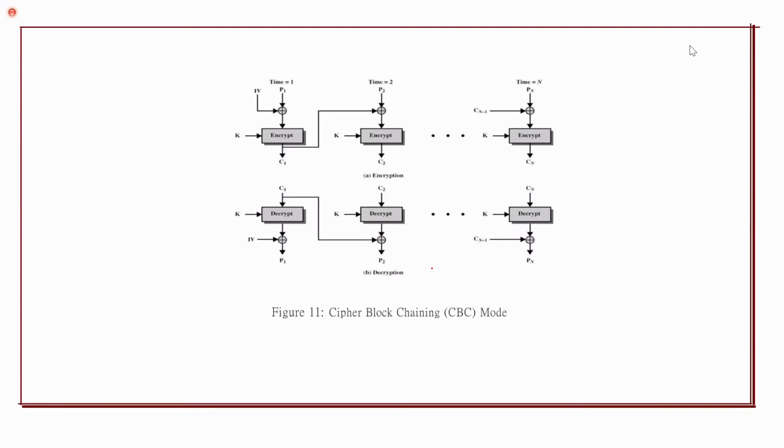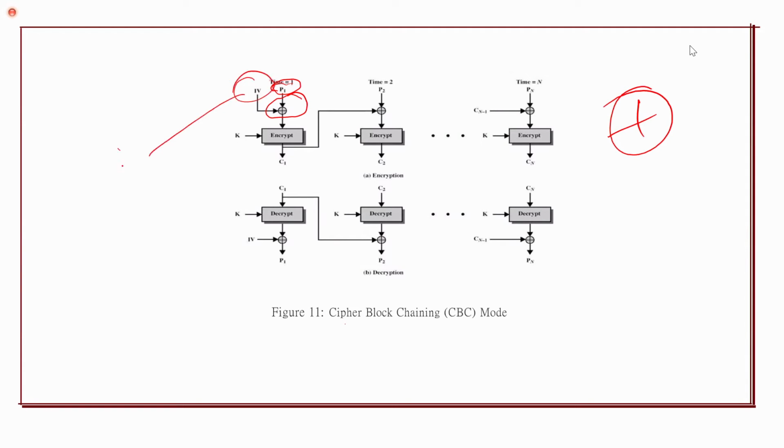If you observe the representation, you can go through the description. This is the representation of cipher block chaining mode. Initially, plaintext block P1 is used. Before performing the encryption, it uses the XOR operation. Throughout the subject, this XOR operation will be used in almost all algorithms. The plaintext is XORed with the initial vector.